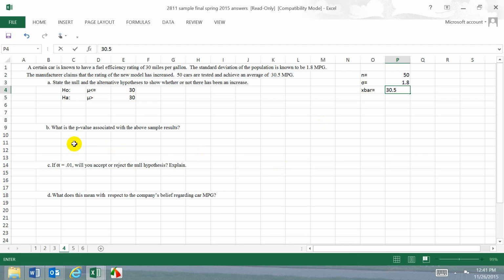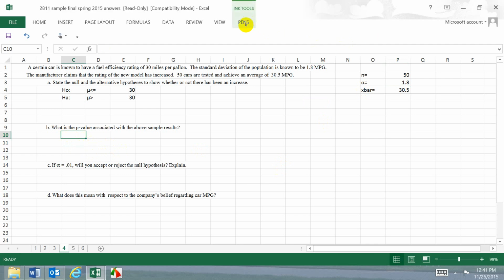Okay, what's the p-value associated? If we got an X bar of 30.5, let's look at the normal distribution again. Mu under the null hypothesis was 30.